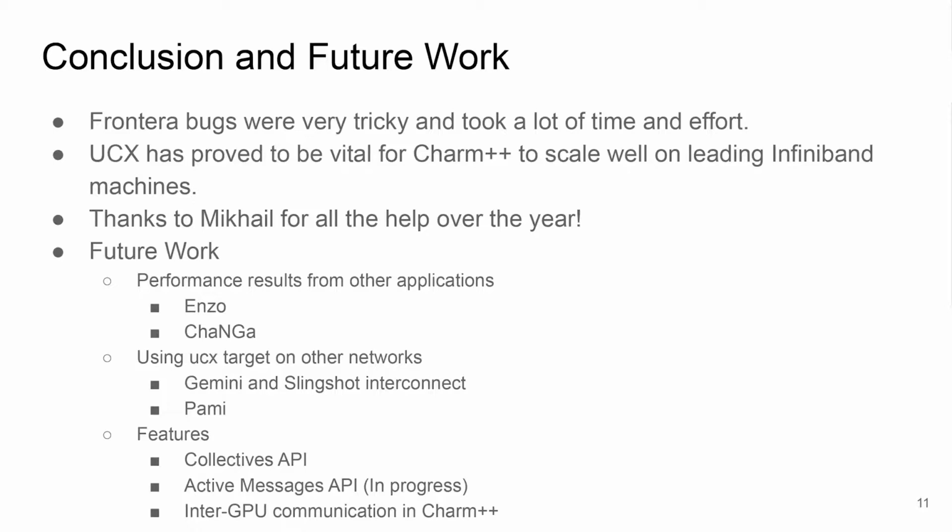So that will be good to get integrated and compared with the current implementation of UCX, which uses tags and tagged sends and receives. And we would also look at the collectives API if it is mature and ready to use, and implement some of our broadcasts and reductions using the collectives API and compare it with our current implementation, which uses point-to-point largely.